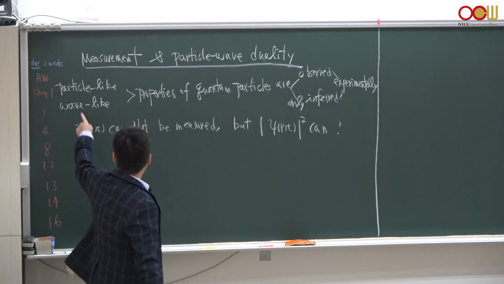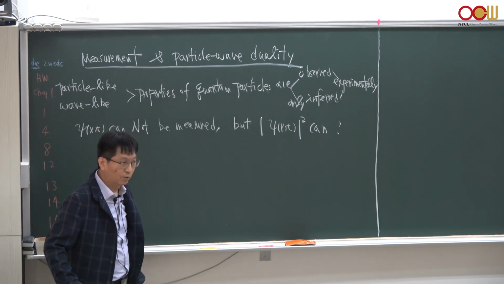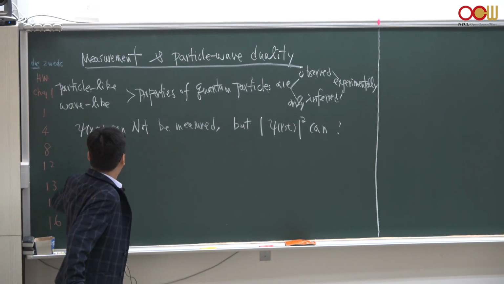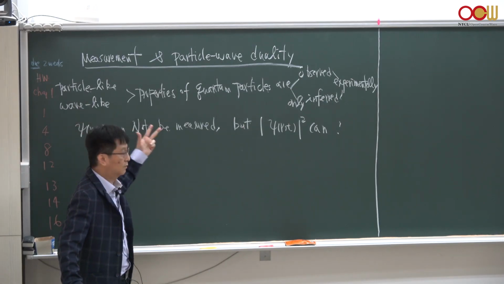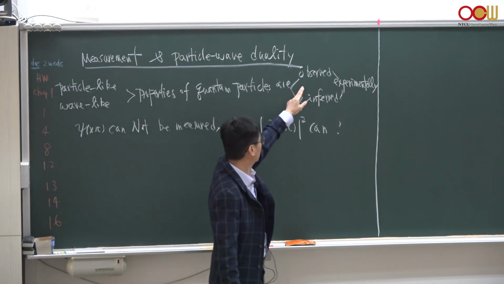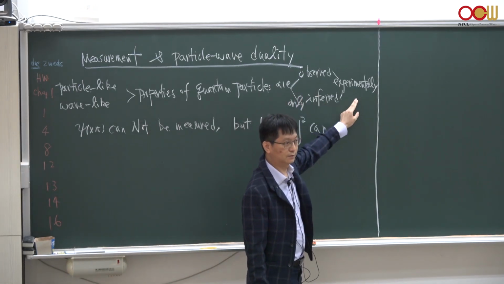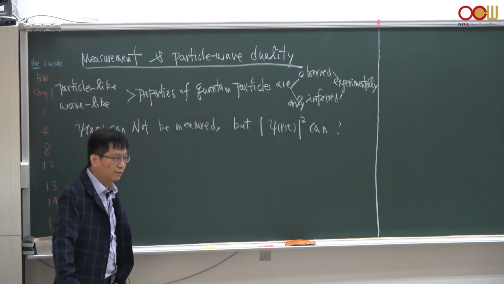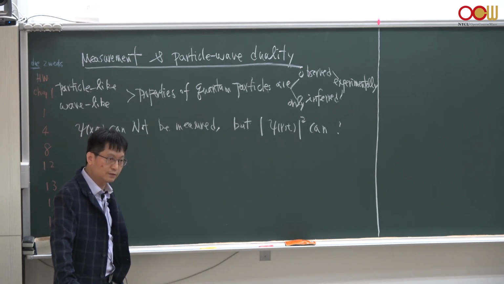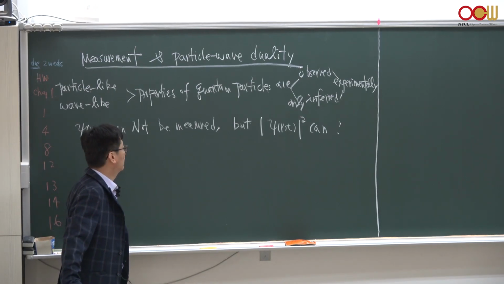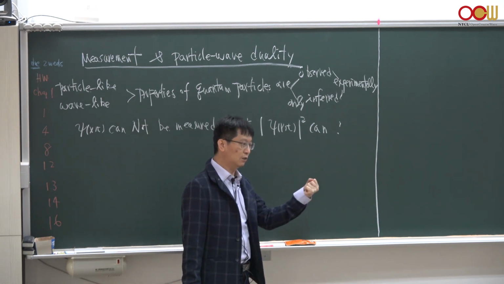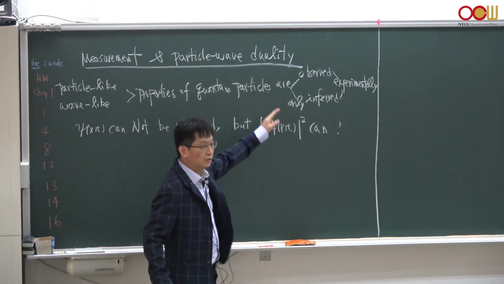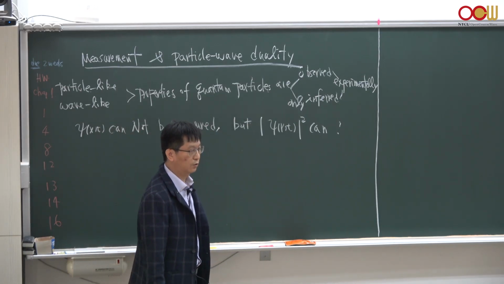Well, the answer is that the particle nature is the more fundamental nature that you can observe experimentally, which means that the particle-like properties of quantum matter are observed directly in experiments. The wave-like properties can also be observed experimentally, but if you look at this in more detail, down to the single photon or single electron level, at that single particle level you only see the particle nature of a quantum matter.